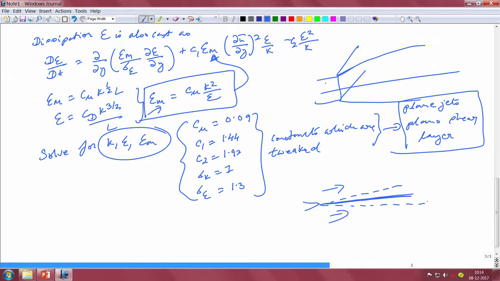So, this is called a plane shear layer. So, in these kind of very canonical flows, so this is a jet, this is a shear layer, this is a mixing problem essentially. The K-Epsilon model does a fabulous job in finding out certain statistics about the flow field.